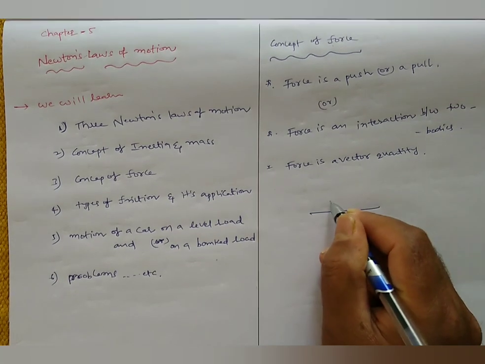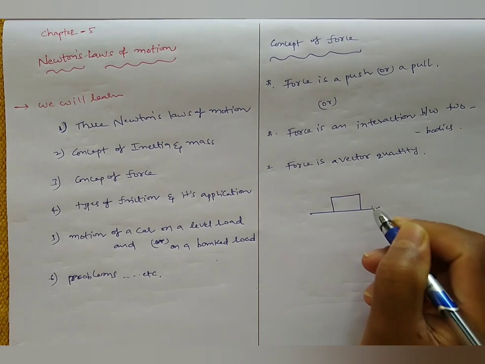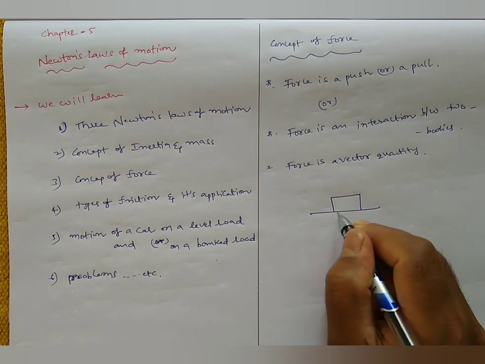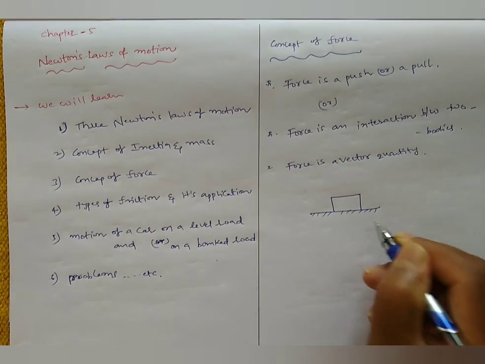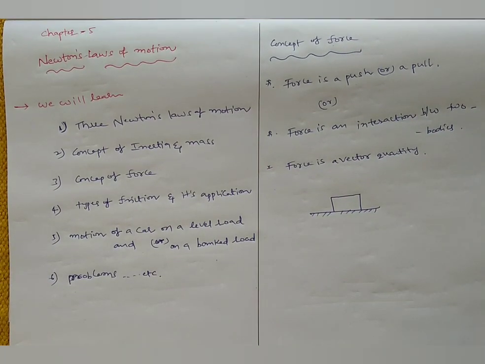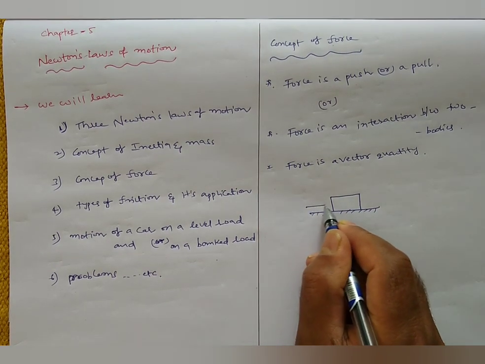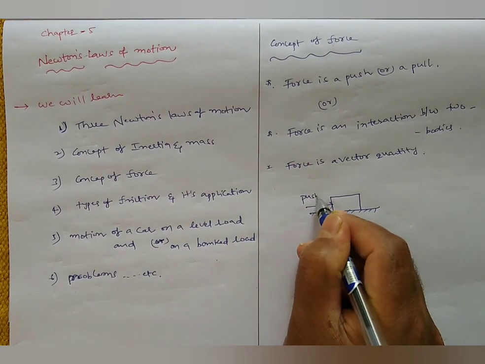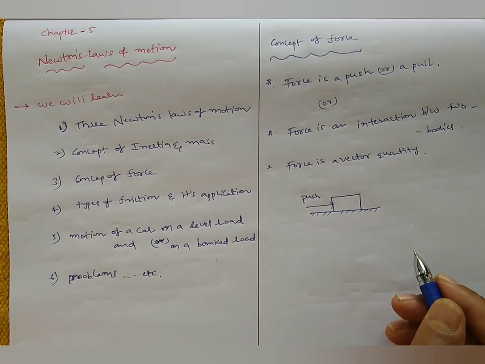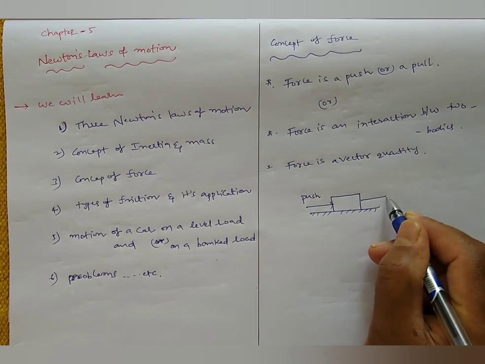Suppose take one example. An object is placed on the surface. So initially the object is at rest. Then we will push this object in this direction. Then the object will move in the direction of the pushing.